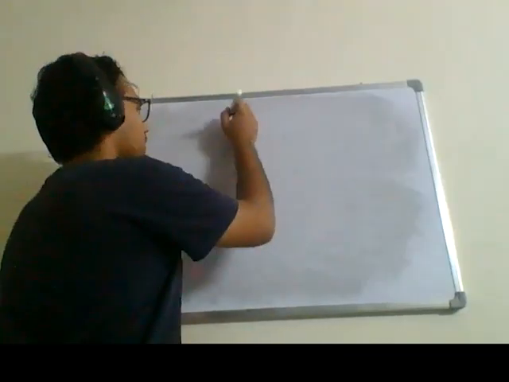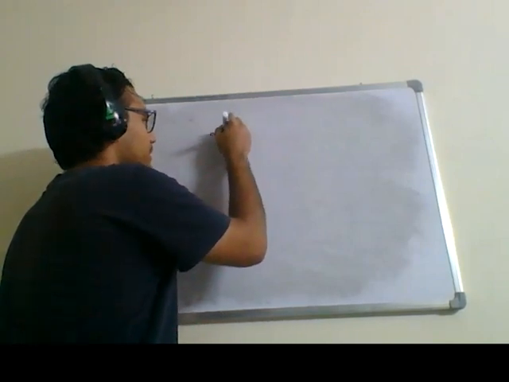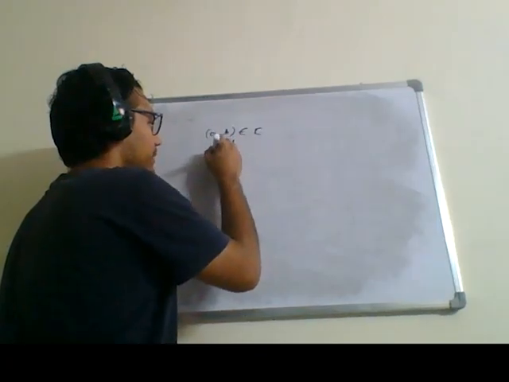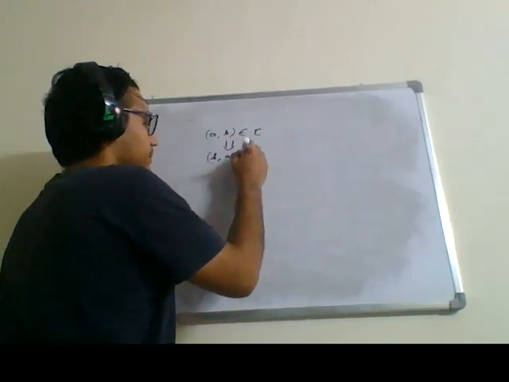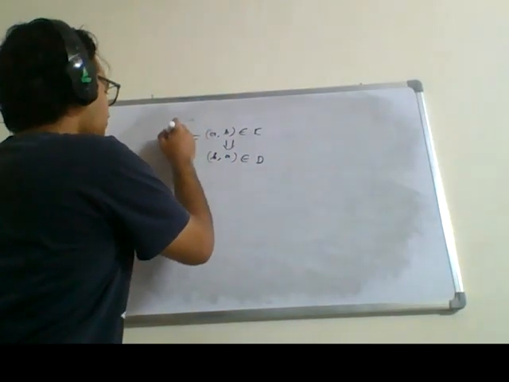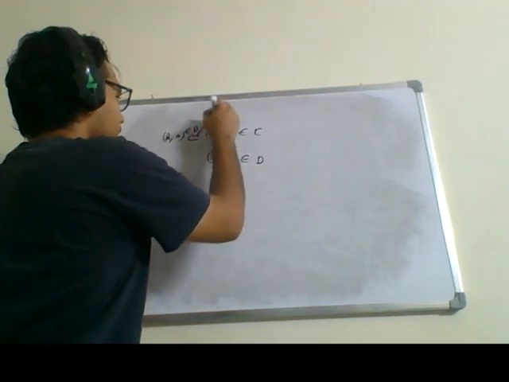Okay, so essentially (a, b) belongs to C implies (b, a) belongs to D, and this implies... this is symmetry.